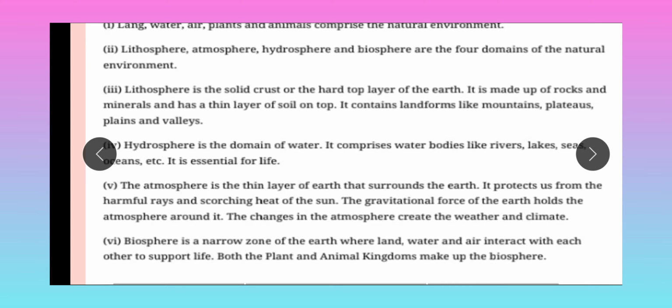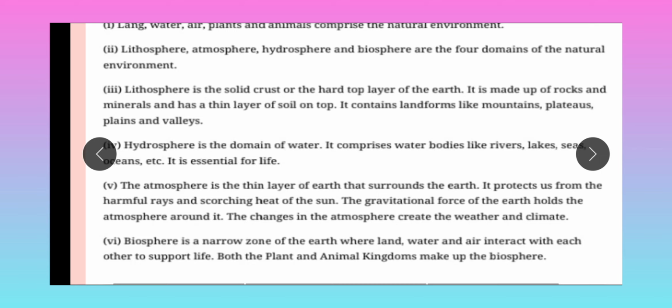Next one, biosphere is a narrow zone of the earth where land, water and air interact with each other to support life. Both the plant and animal kingdom make up the biosphere. Biosphere depends on these three realms or domains: lithosphere, hydrosphere and atmosphere.